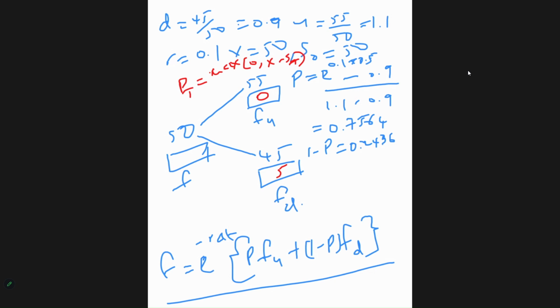So let me now go to the formula and implement. I have said f is the present value, which is exponential of negative r delta t times the probability p times fu plus 1 minus p times fd.